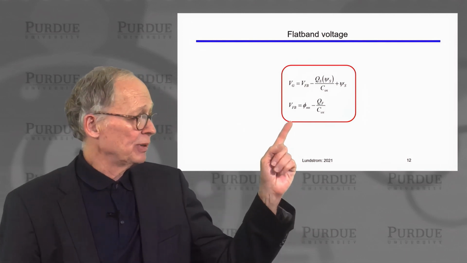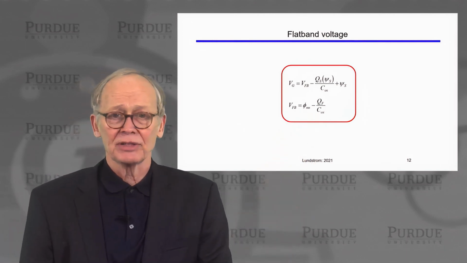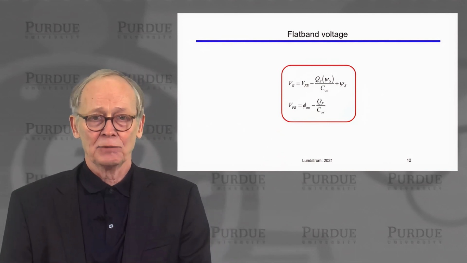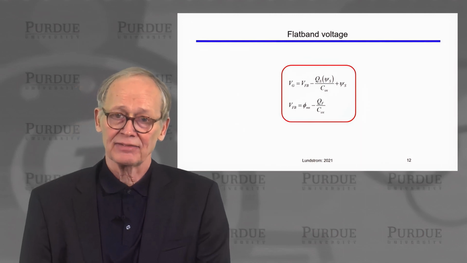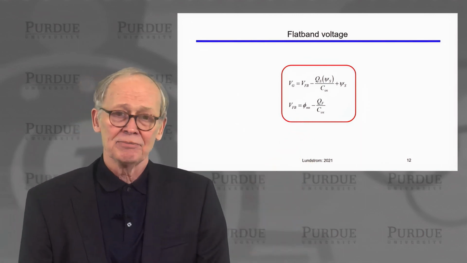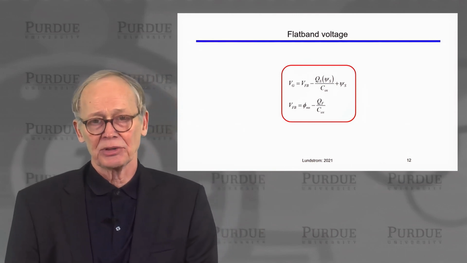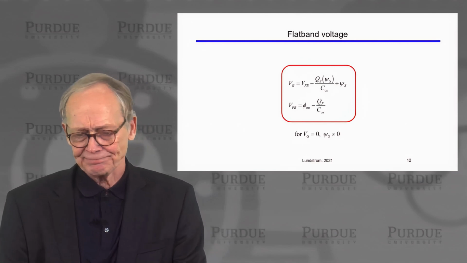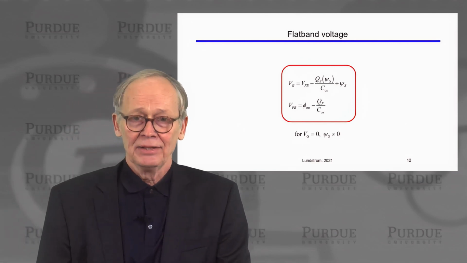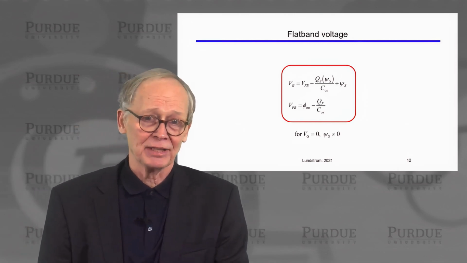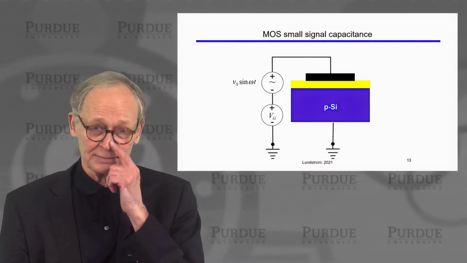The flat band voltage depends on the metal semiconductor work function difference, but this sheet charge will also affect the volt drop across the oxide and affect the flat band voltage as well. But that's simple to account for. If we know the magnitude of that charge in coulombs per square centimeter, it simply affects the flat band voltage. Okay. So, typical MOS capacitors have band bending before we apply any voltage to the gate.